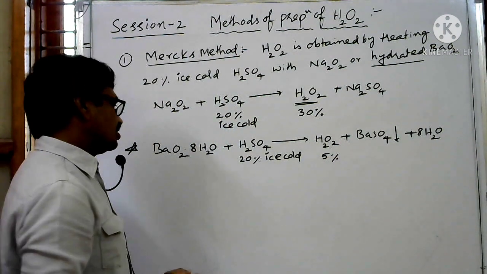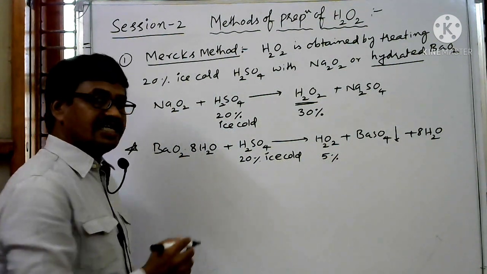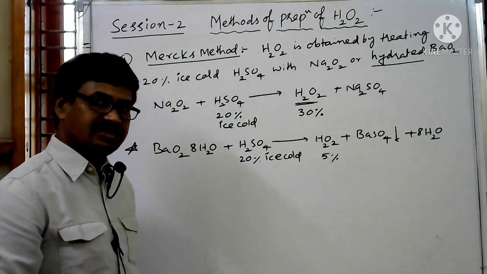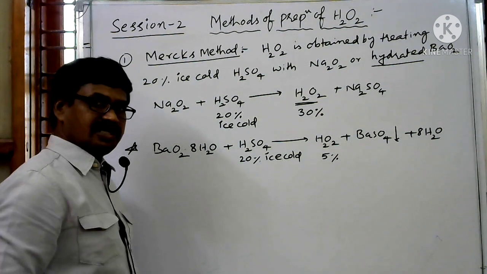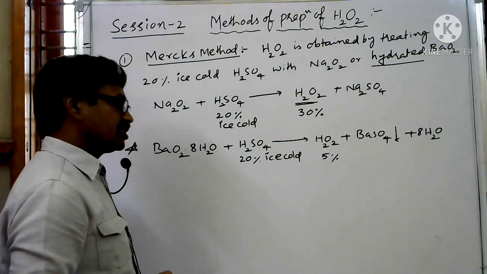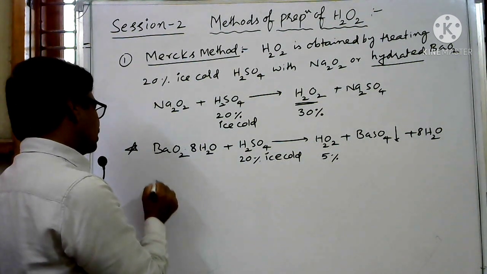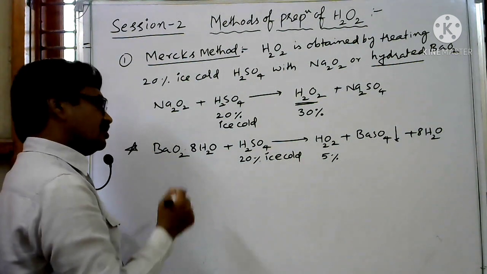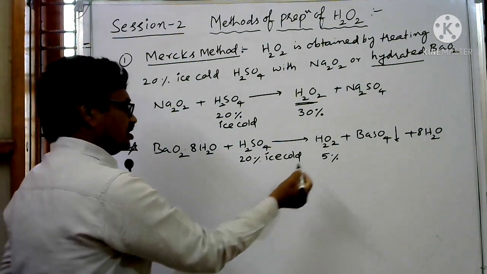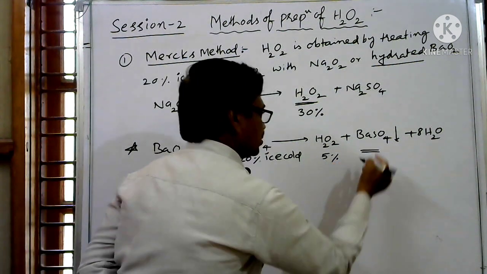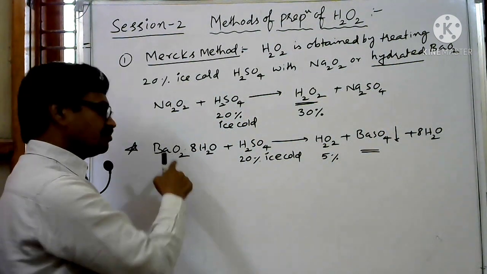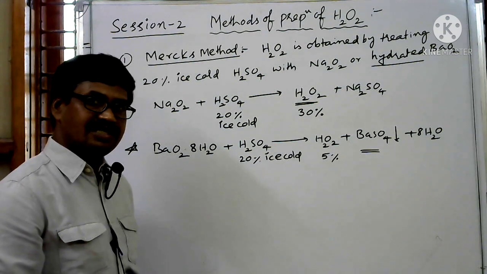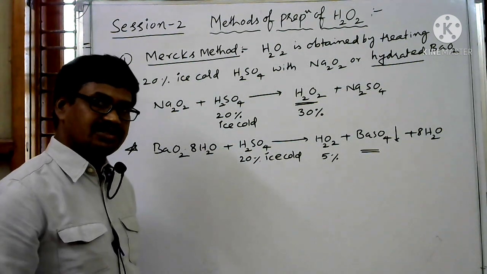The important thing here is why we should take hydrated barium peroxide. In the first reaction we are not taking any hydrated form, but here we are taking hydrated barium peroxide. What is the reason? After some reaction we will get barium sulfate, which is a precipitate, and after some time some barium peroxide is unreacted and present in the reaction mixture.